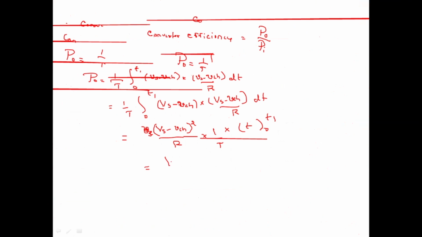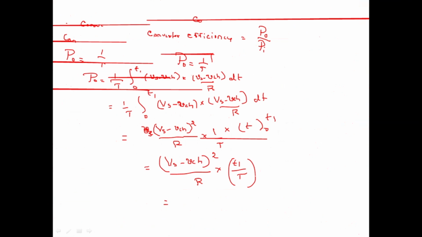This becomes Vs minus V chopper whole square divided by R into T1 by T, the on time by the period.